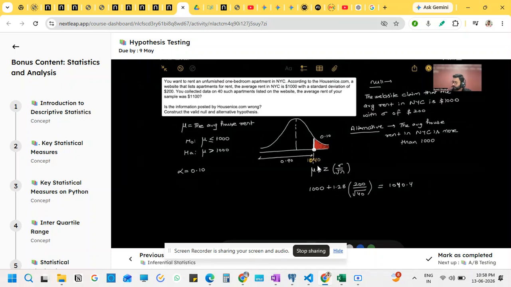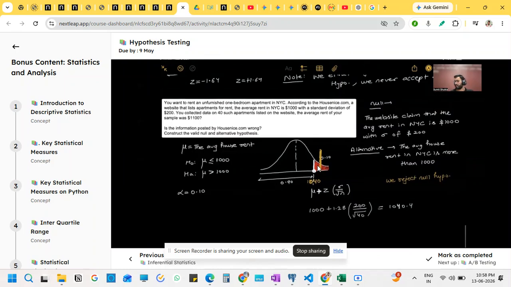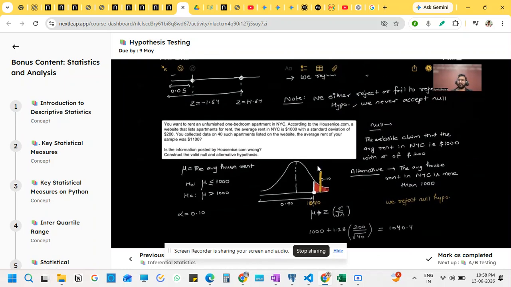Now your value was 1100, which is definitely on this side, right? Your value came out in the rejection region. So we reject the null hypothesis, and we basically conclude that the company information was wrong because my data suggested that the average rent is more than $1,000.